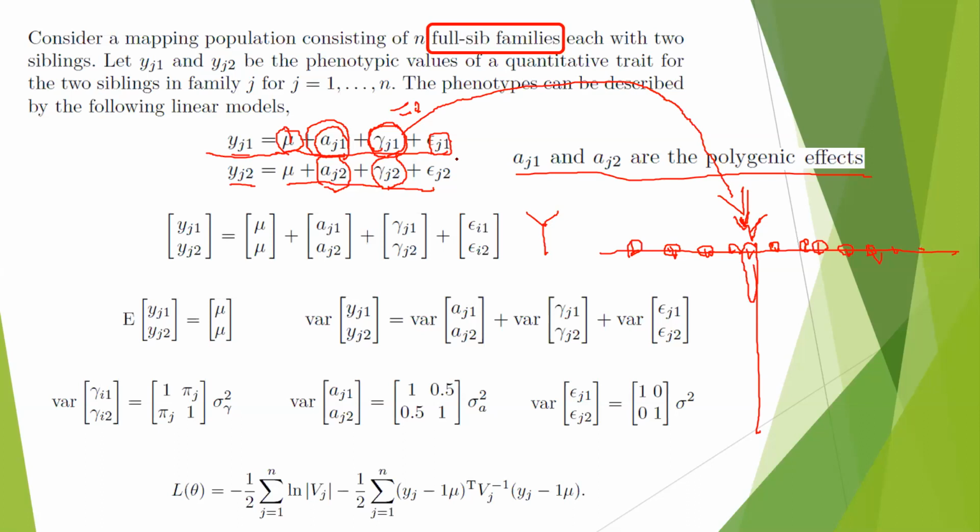Because when you do the test, you cannot just ignore the effects from the other loci. You cannot test a single locus without considering the effects from other loci, right? So this is how we use the polygenic genetic effects to capture the joint effect from the rest of the genome when you want to test this locus.